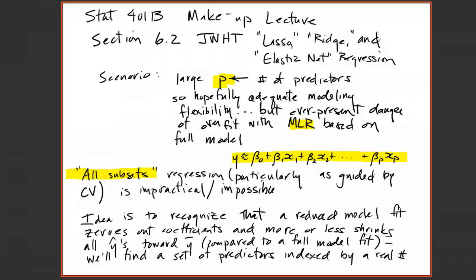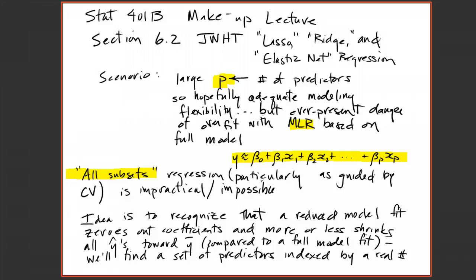There are 2 to the p minus 1 different sets of predictors that one might choose from p. So if p is 100, you're talking about, I believe, something like 1.3 times 10 to the 31st or some such number of models that you just can't search over all those models looking for a small cross-validation error.